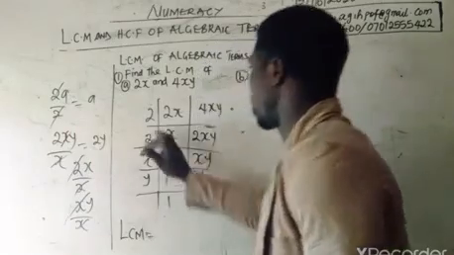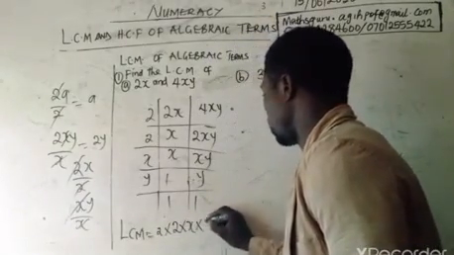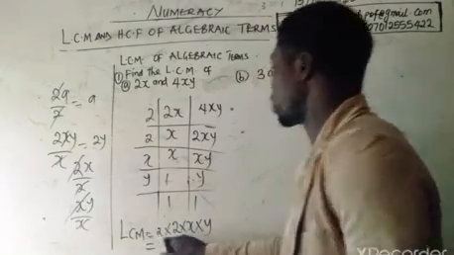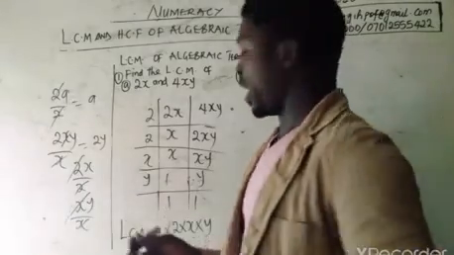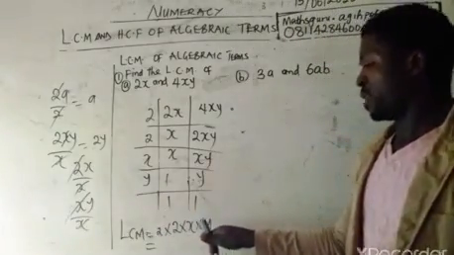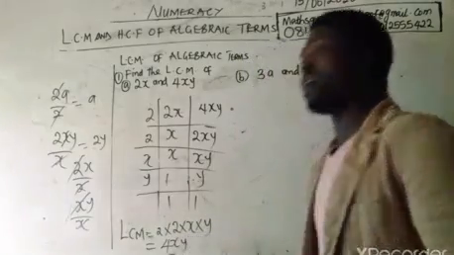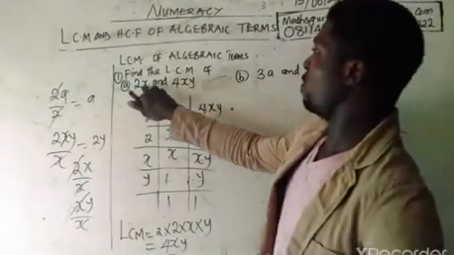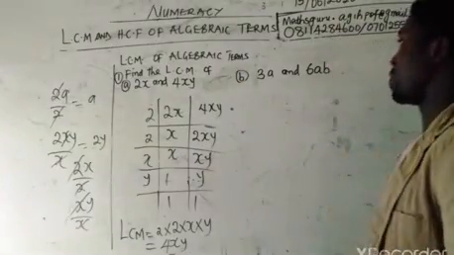LCM now will become 2 times 2 times x times y. So 2 times 2 is 4, and 4 times x will give us 4x, and 4x times y will give us 4xy. Therefore, the LCM of 2x and 4xy is 4xy.